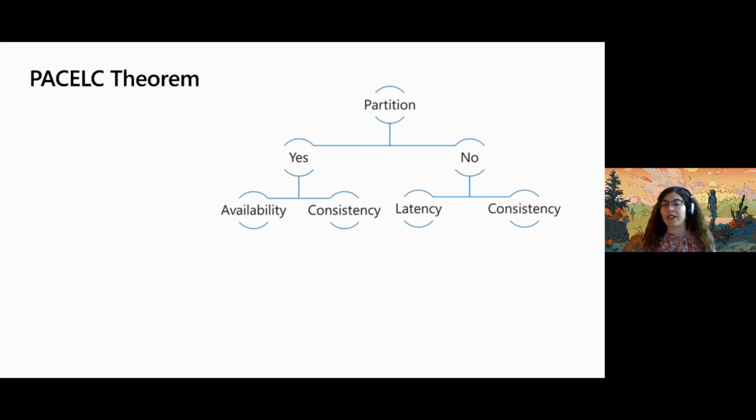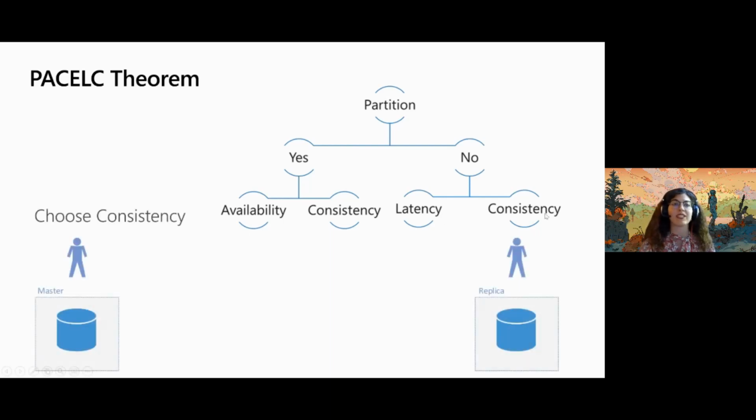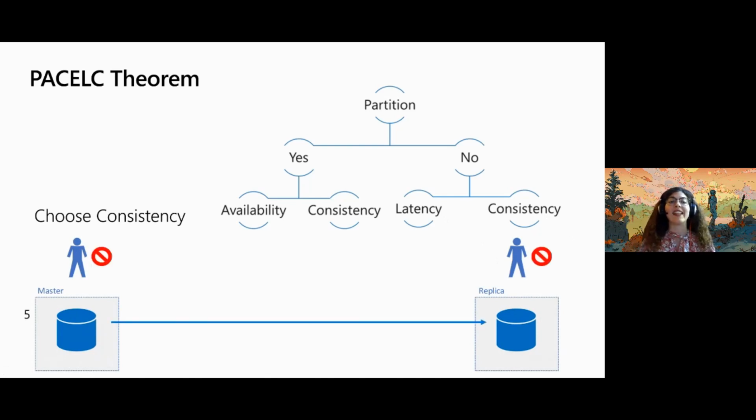Mongo is closer to consistency, while Cassandra is closer to availability. If we do not have a partition in the network, we have to make the decision between latency and consistency. So let's see what happens if we choose consistency. In that case, until the data is replicated on the replica and until the replica responds back with an acknowledgement that it got the new document, the application is not available.